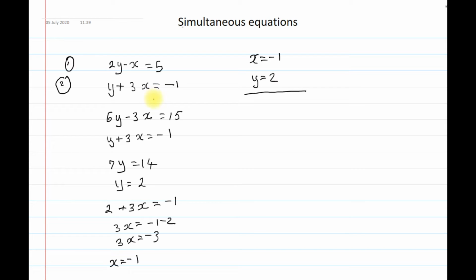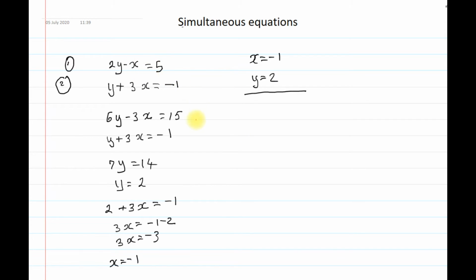Now we will look to see what these mean in a graphical context. To do this, we will first try to rearrange equations 1 and 2 by making y the subject of the formula. The reason for this will become apparent in a minute.